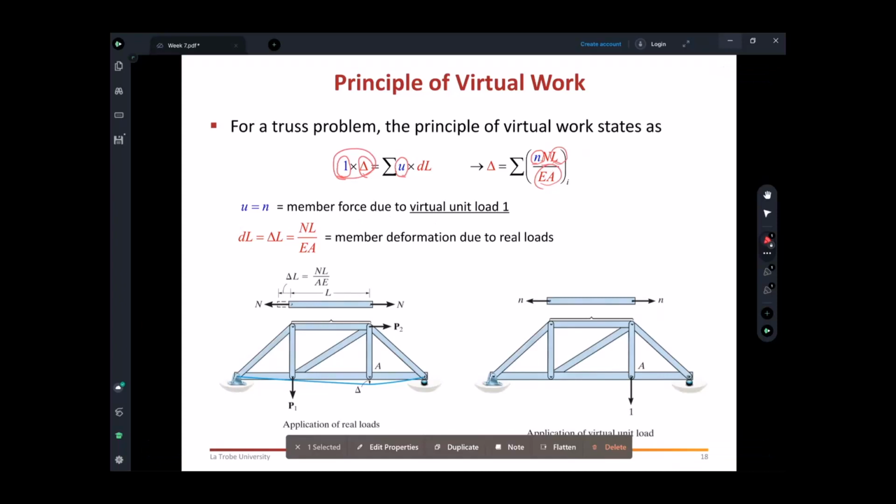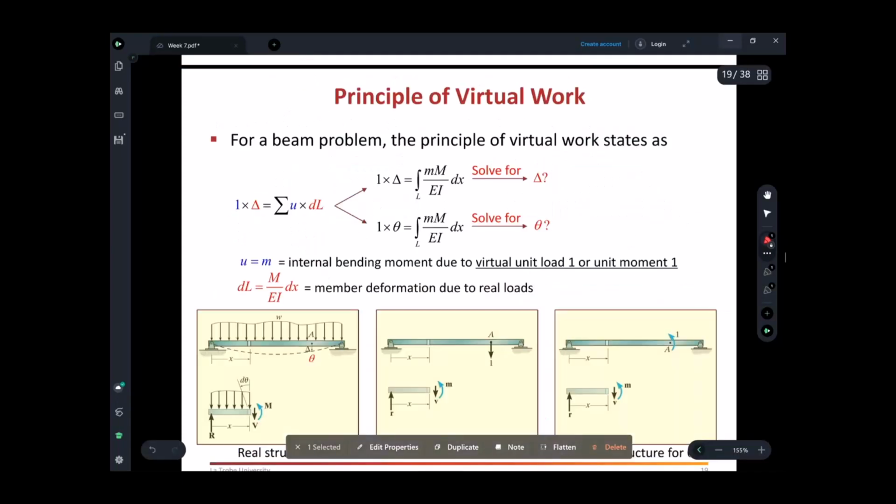Please note this virtual force has no unit. You don't need to put any unit, Newton, kilonewtons or so on. There is no unit for this virtual load. When I take an example, I think it will be more clear.